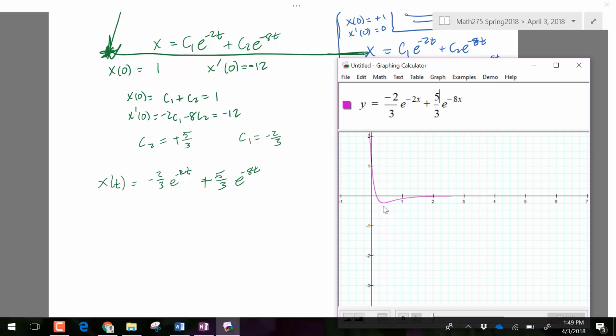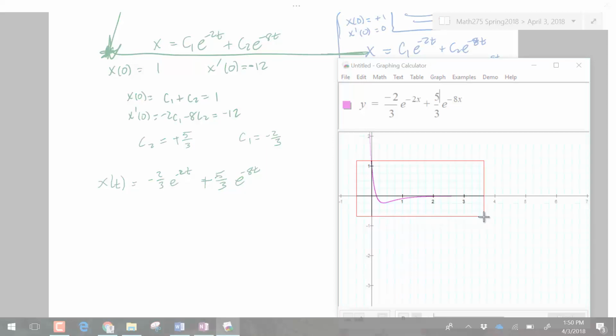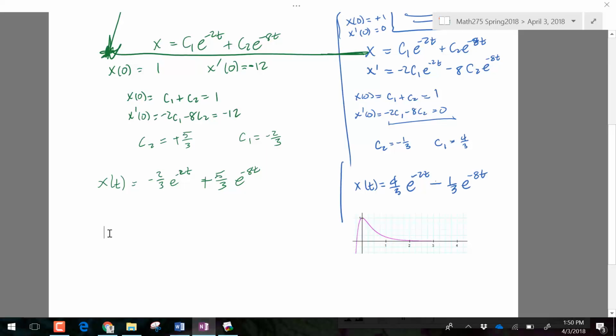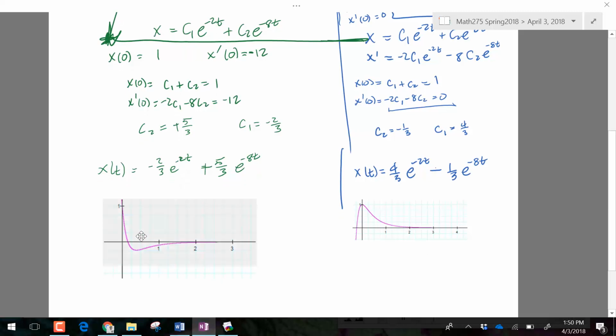That does cross because it gets pushed up. So if there's some force in the beginning, an initial velocity, then that might move things up.